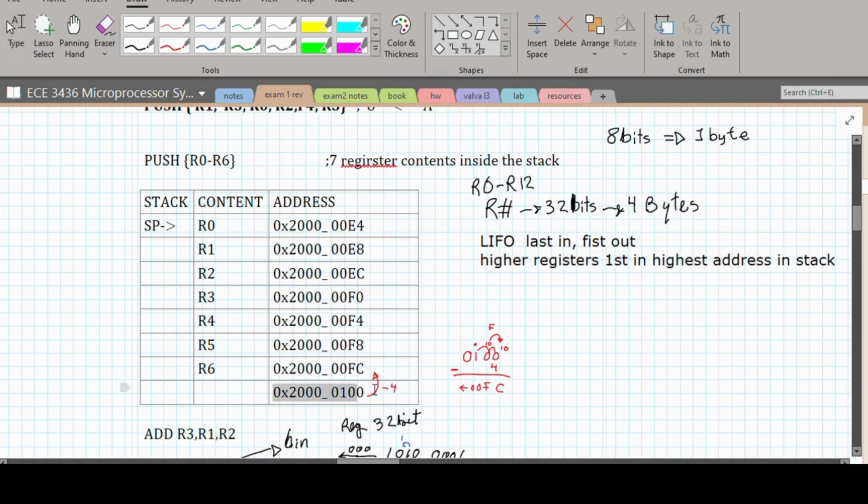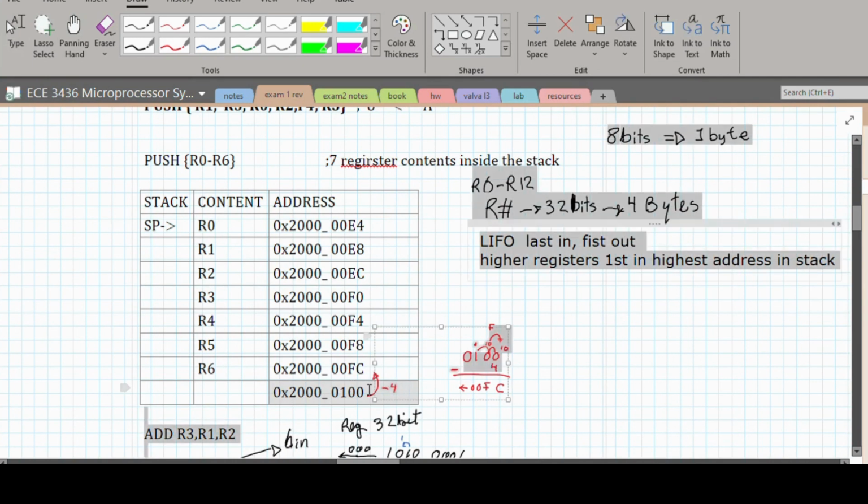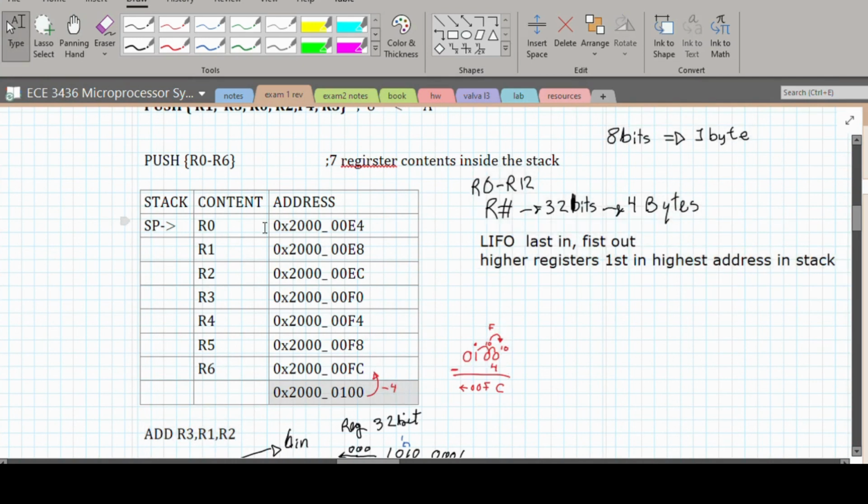We always go from the highest address, which is the base of the stack, to the lowest, which is at the top of the stack. So when we try to go up, we subtract 4 from the hexadecimal address. This is very important. Why 4 exactly?